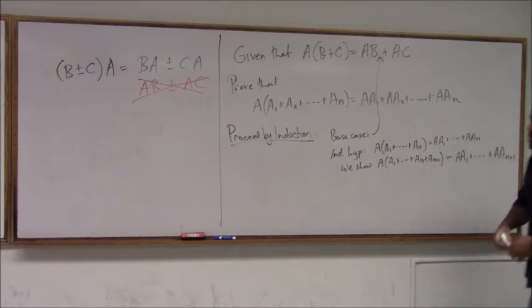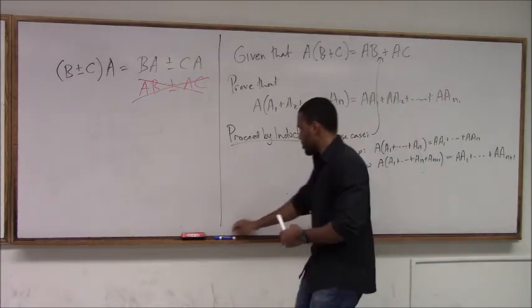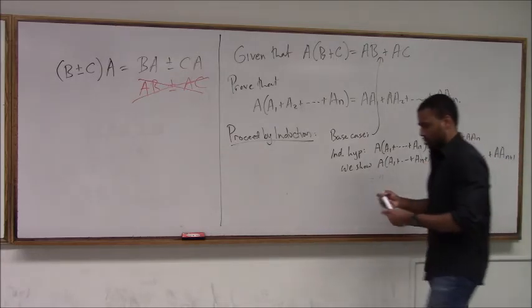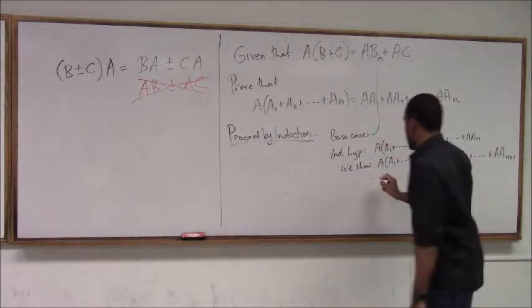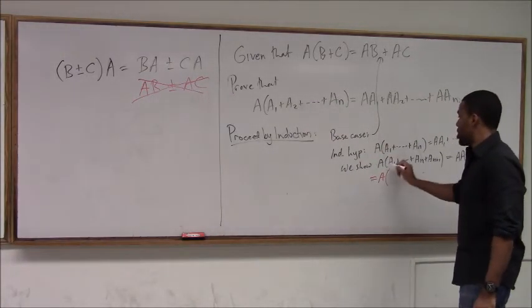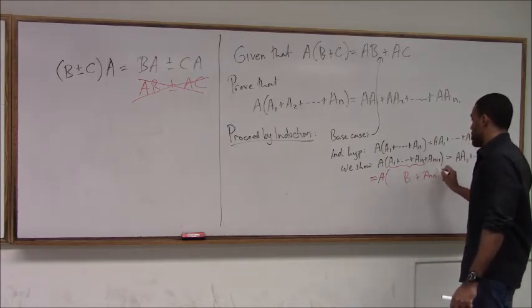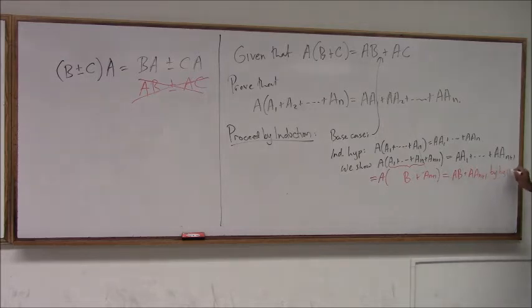And then what you could do is say, for this guy, just think of all of these guys as b. So b plus an plus 1 equals ab plus an plus 1 by the hypothesis. Well, that's actually by the base case.